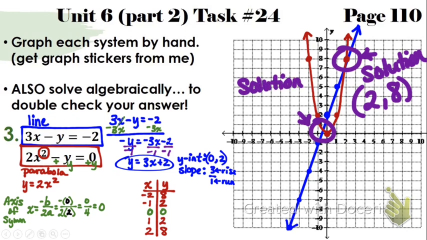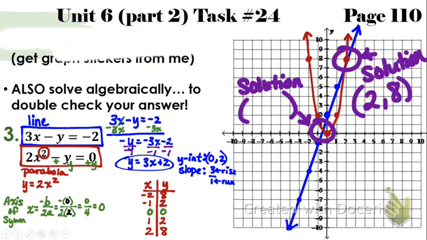So I'm going to have to use an algebraic method to determine exactly where that is. We said we were supposed to check this algebraically anyway. How do I set this up to do it algebraically? Set them equal to each other. From which form?